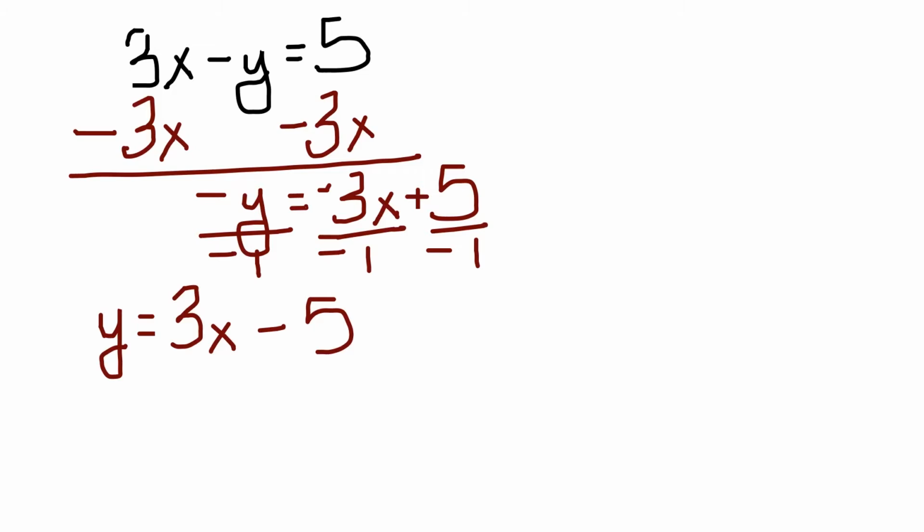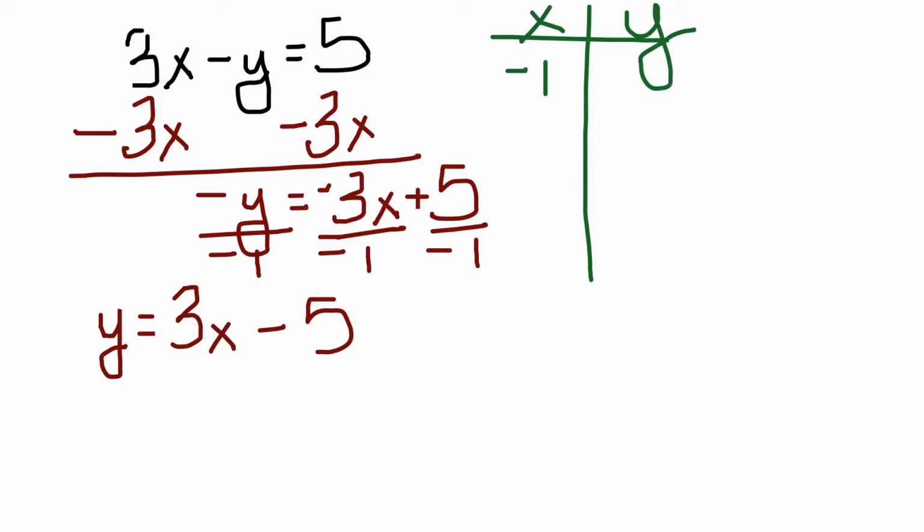Now when I have this, I could set up a table of values. I'm going to plug in some x values and see what I get out for y. Let's say I plug in negative 1, 0, and 1. When I plug in negative 1, I get 3 times negative 1 minus 5, which gives me negative 8.